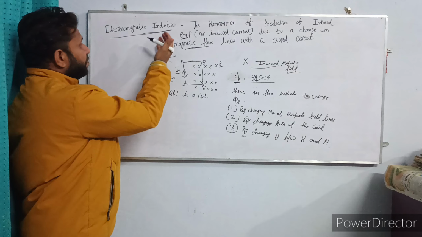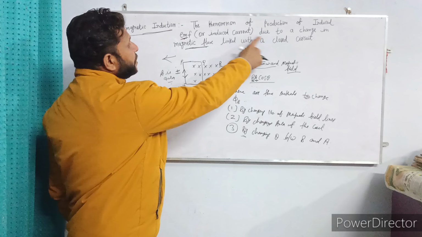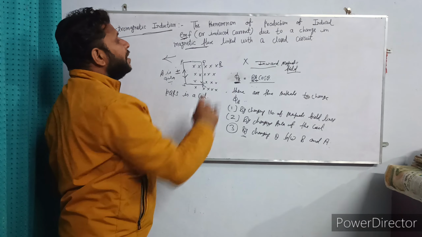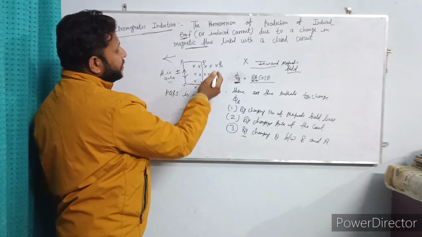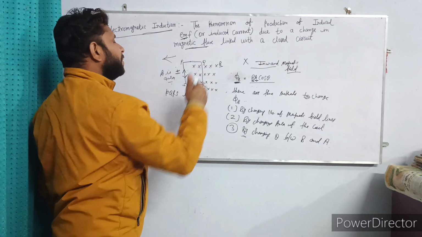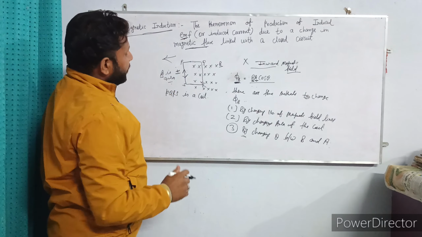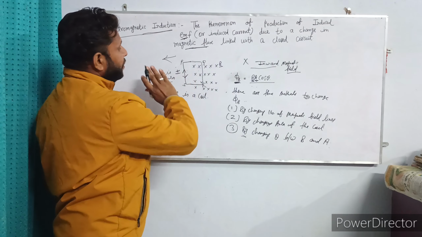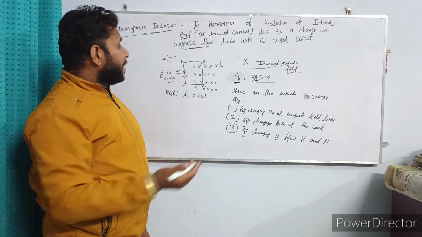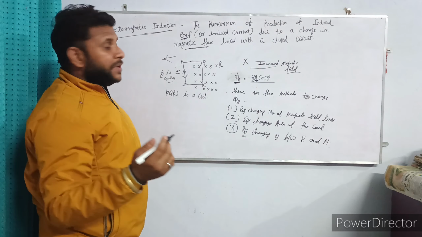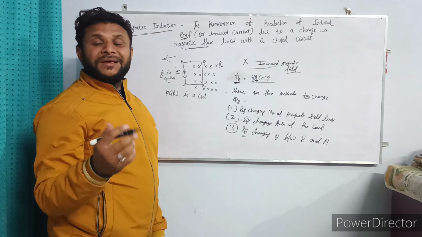Students, the next topic is electromagnetic induction: the phenomenon of production of induced EMF or induced current due to a change in magnetic flux linked with a closed circuit. Suppose the crosses indicate that the magnetic field is directed into the plane, and PQRS is a coil that has some area A. If the PQRS coil is moved to one side, then the number of magnetic field lines covered by the area of the coil will change, meaning it will increase.